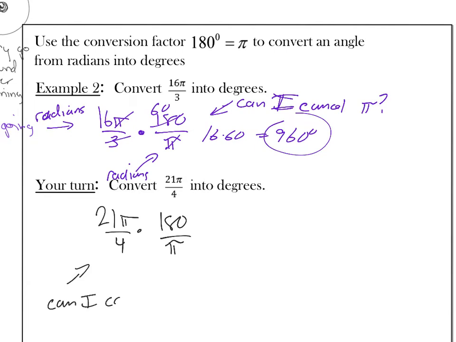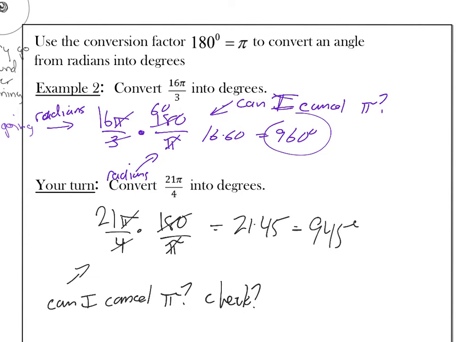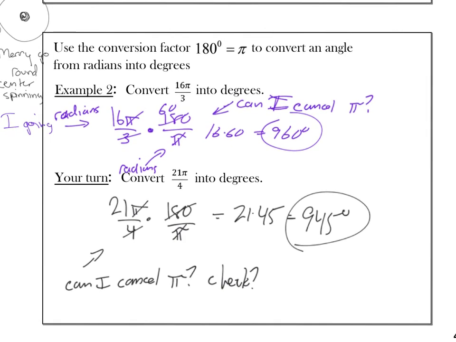Can I cancel pi? That is my check. The answer, yep, I can do that. Pi's cancel out. 180 divided by 4 is going to be 45. So that's going to be equal to 21 times 45, which should be 945 degrees. So all I'm doing is converting back and forth. That's it.